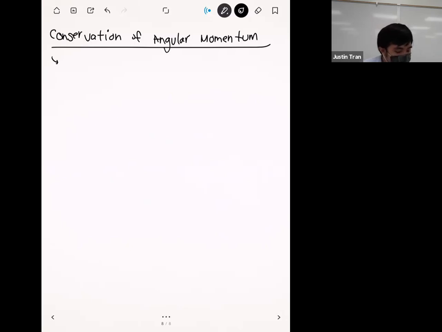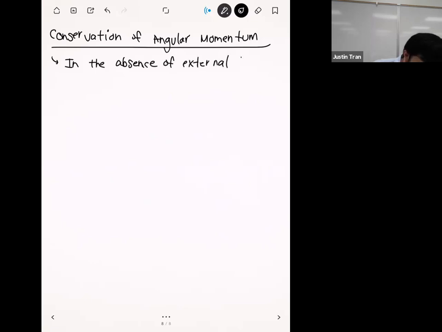What the conservation of angular momentum states is that in the absence of external torques, angular momentum is conserved.